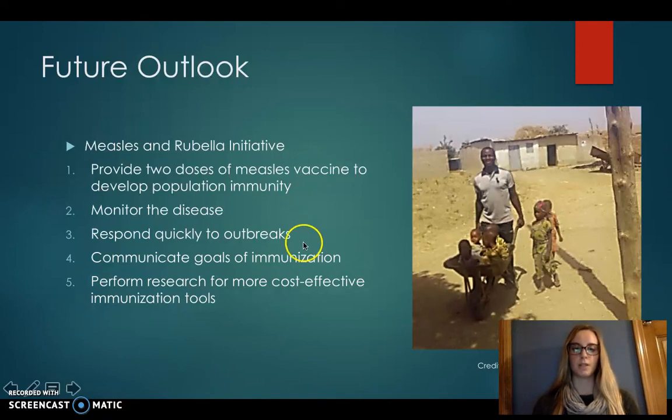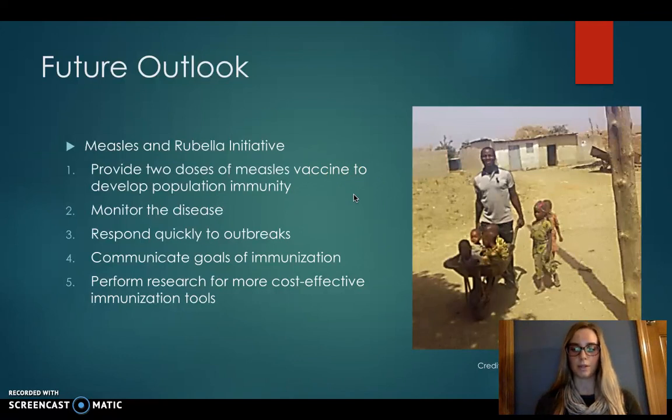So the first step of this is to provide 2 doses of the measles vaccine to develop population immunity. And for example, in this picture, here's a man in Nigeria who is bringing his children to get vaccinated for measles.